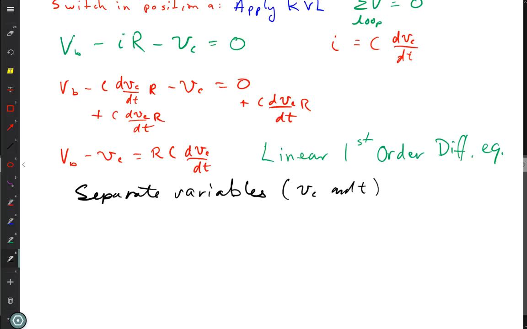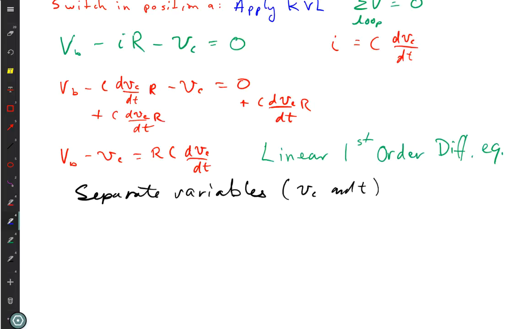So we look at this. What do I have to do to separate the variables? Okay, multiply both sides by dt is the first step, but not the only step. What's the other step? I have to divide by VB minus VC on both sides as well. Now I'm going to divide by RC on both sides as well. So I'm going to do 3 steps in one.